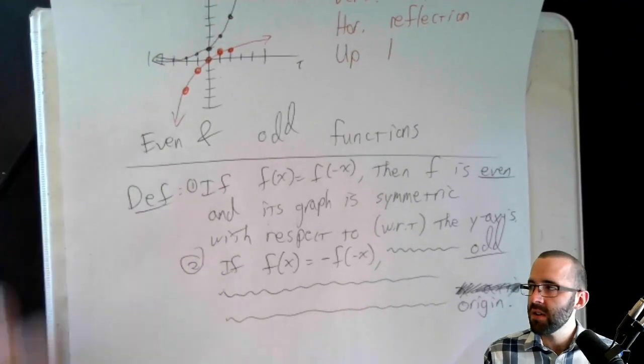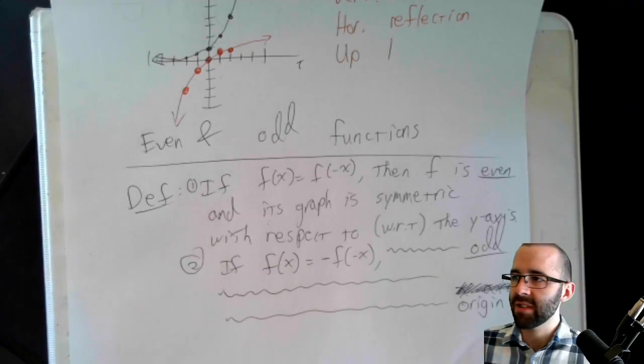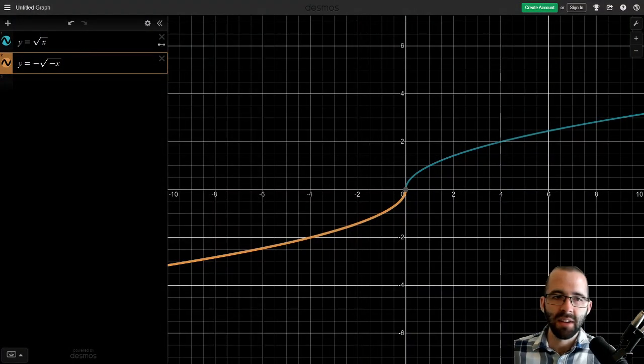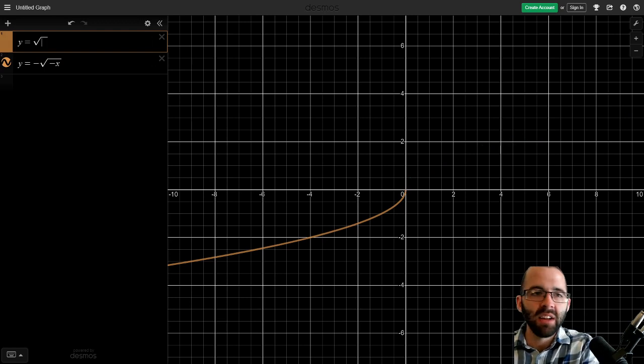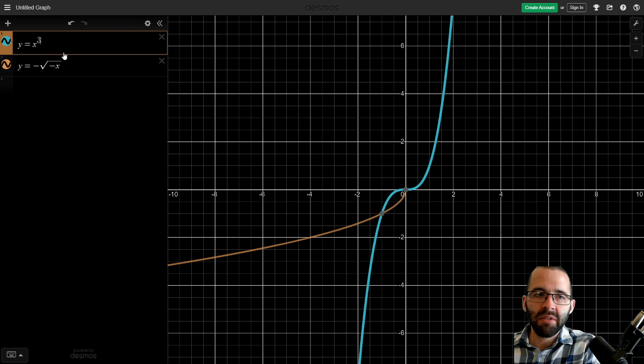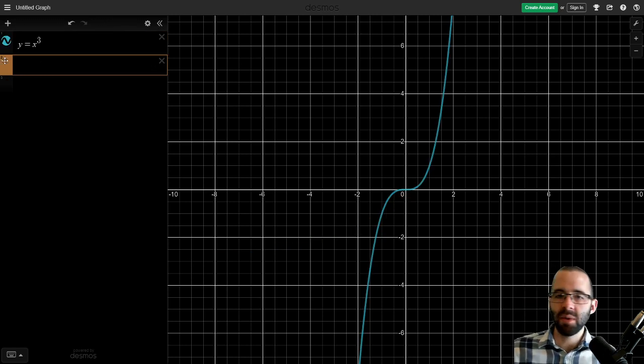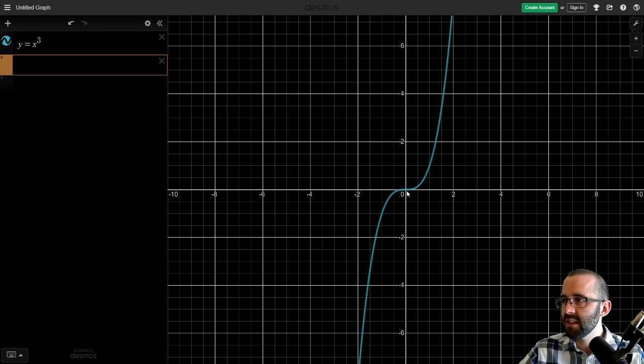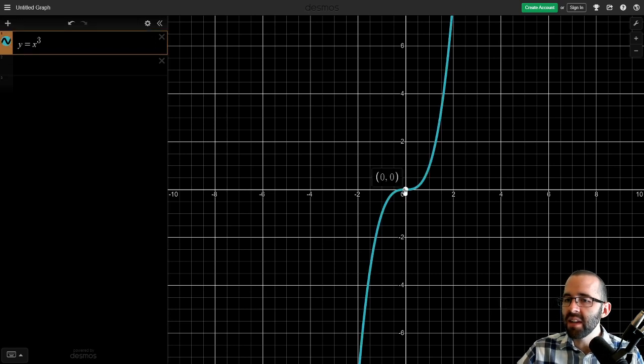Okay. So real quick, I kind of have to backtrack here because, yeah, I apologize. Let's go back and look at one of the odd functions we were talking about. So right, it's not symmetric with respect to the x-axis, but it is symmetric with respect to the origin.